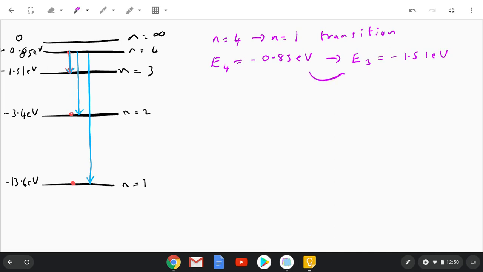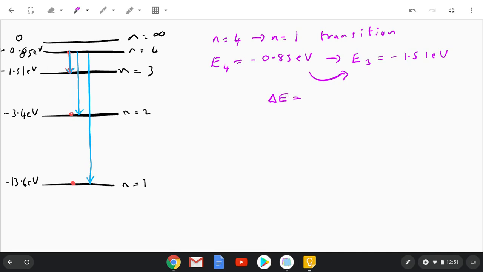So how much energy has it lost? It has lost approximately, so you do 1.51, so we're looking at minus 0.